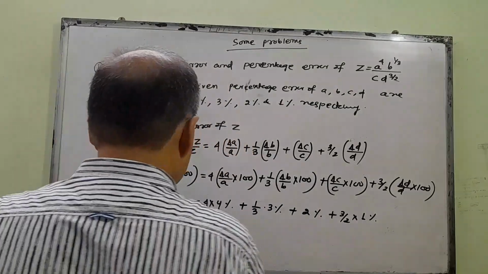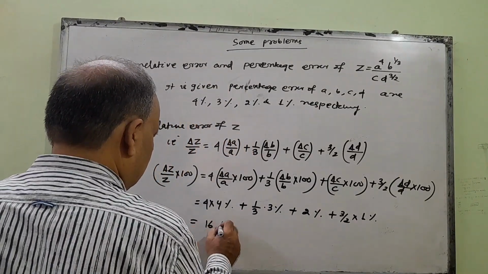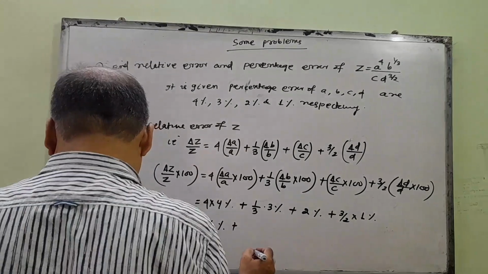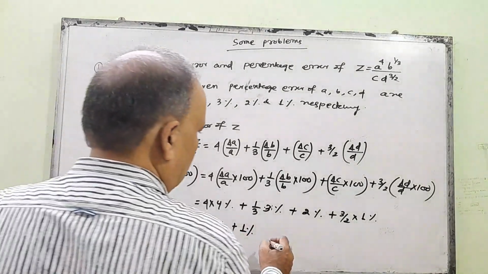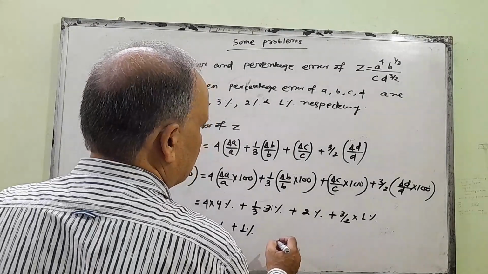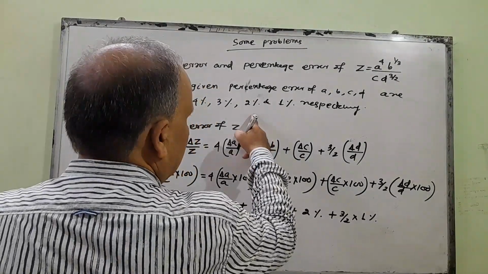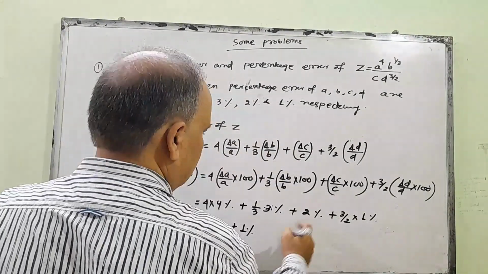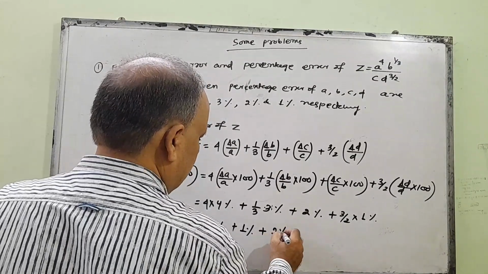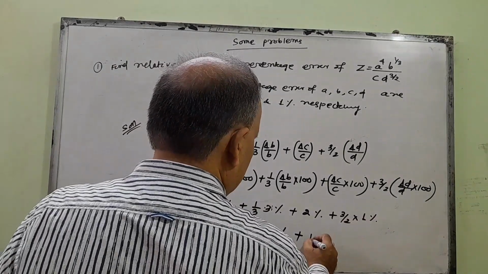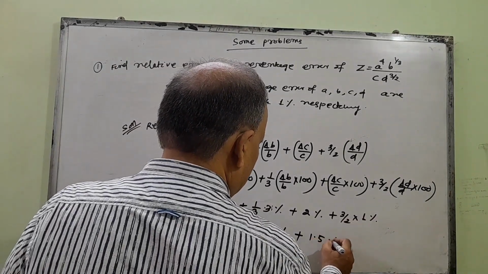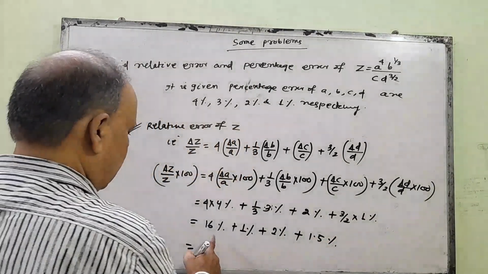That is 16% plus 1% plus the percentage error of c, 2%, plus 3 by 2 into 1%, that means 1.5%.